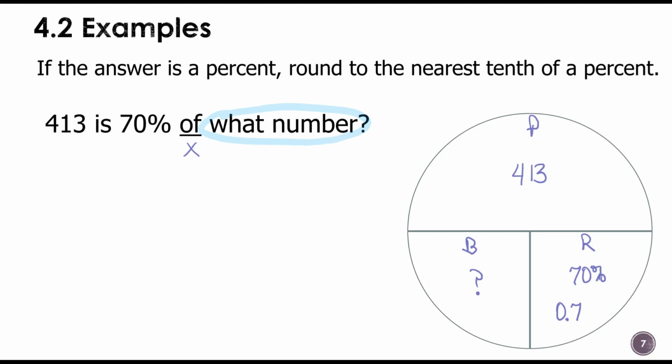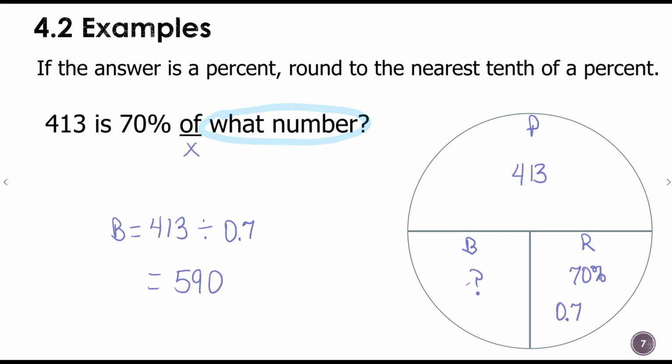Now, to actually calculate this one, we take 413 and divide it by 0.7, because remember, if I have something on the top part of this and on the bottom, that means we divide to find the base. So my base is equal to 413 divided by 0.7, and that would be 590.